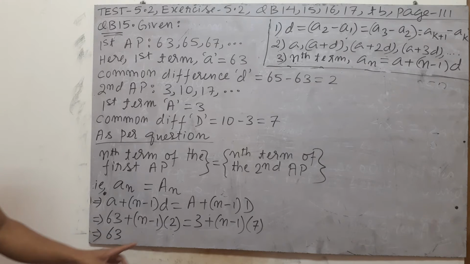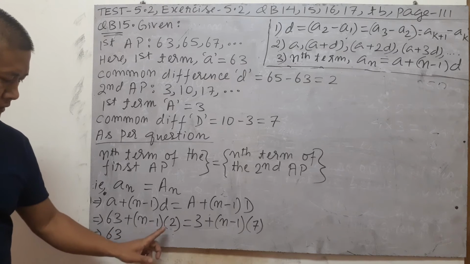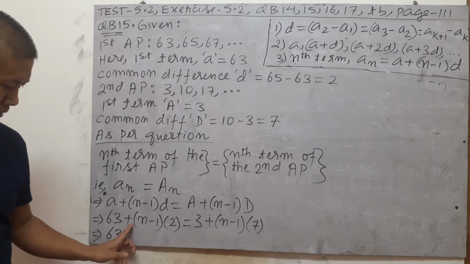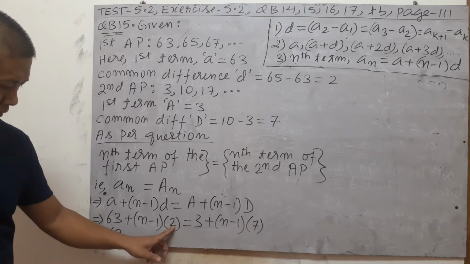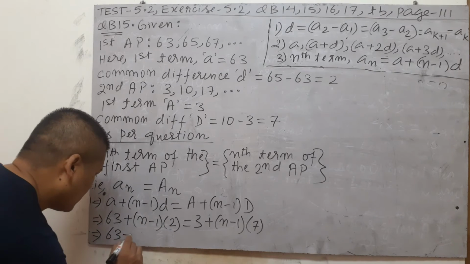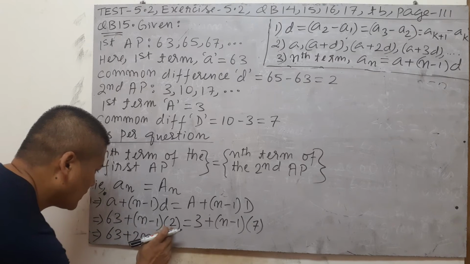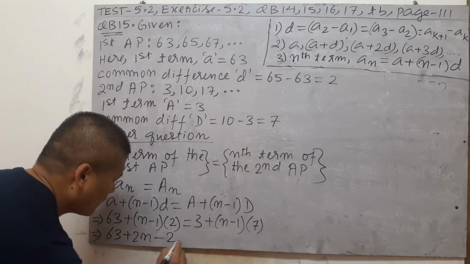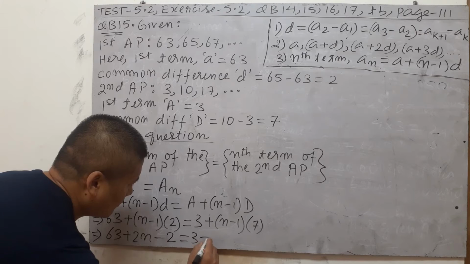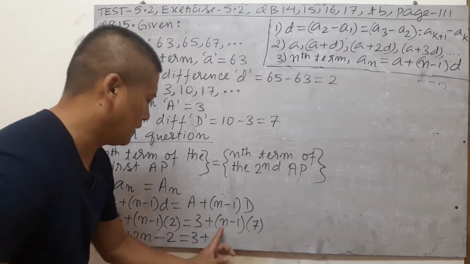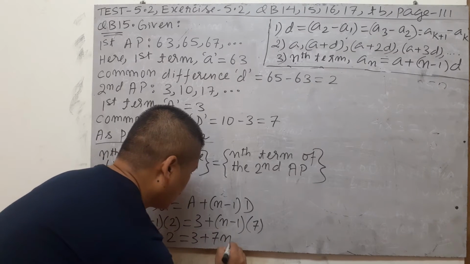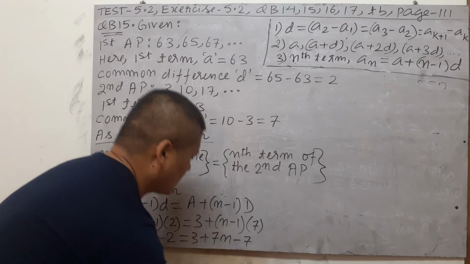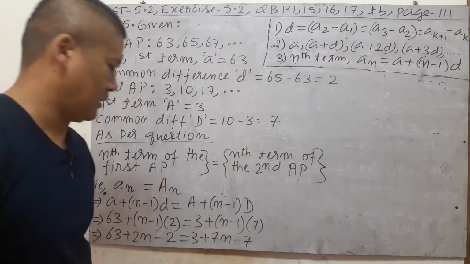So here that gives you 63, and then these two will multiply both of these. Plus into plus, plus into plus: 2 into n is 2n, then plus into minus, 2 ones are 2, equals 3 plus likewise 7 into n, 7n, then plus into minus, 7 into 1, minus 7.